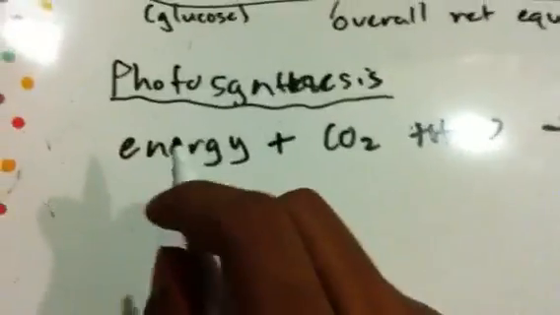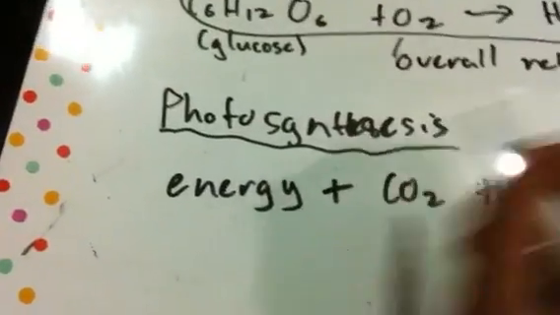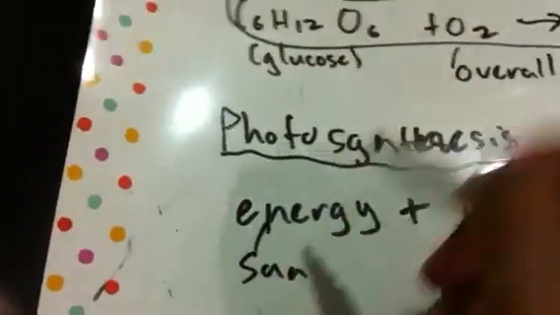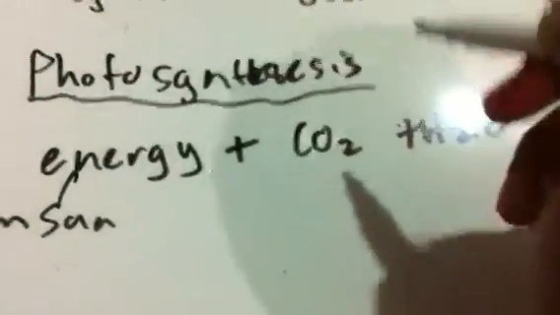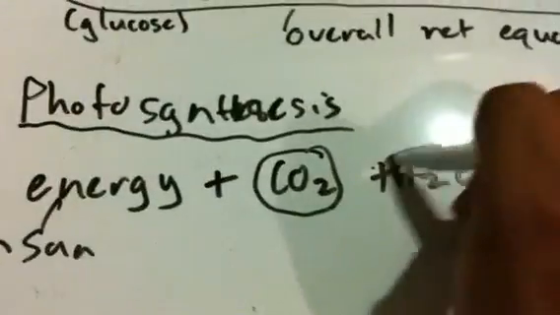Alrighty, so in this situation, plants themselves are able to produce their own energy in the form of glucose. They do this by harnessing the sun's energy, and they capture ambient or atmospheric CO2 and water, obviously.